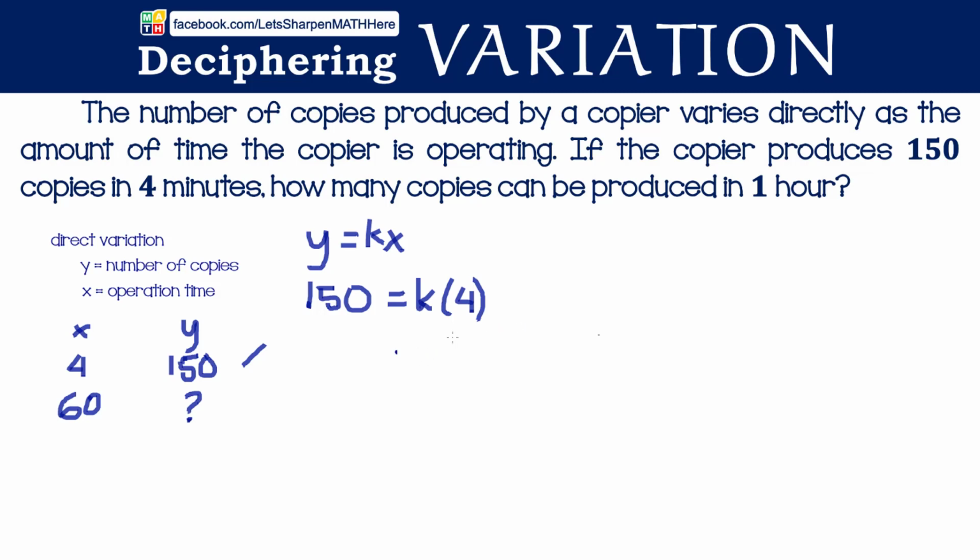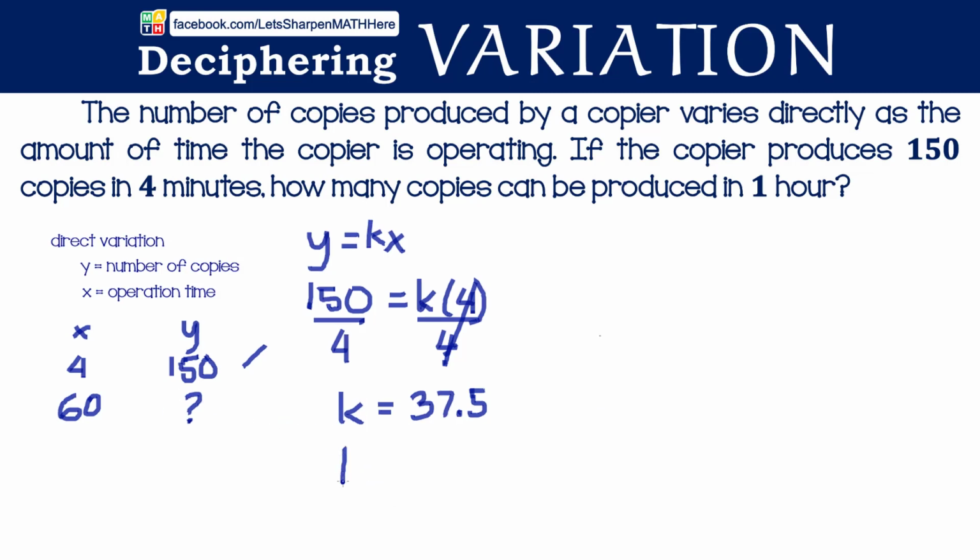We are to solve for k by applying the division property of equality so that we could cancel this out and do the same thing on the other side. So k is equal to 150 over 4, or 37.5, or 75 halves.